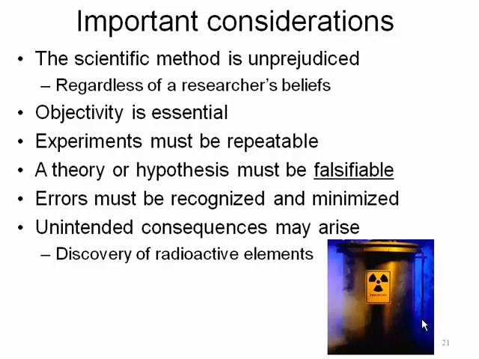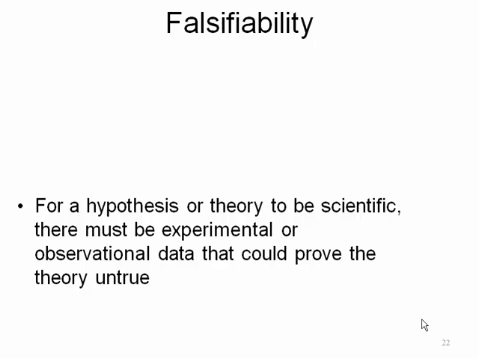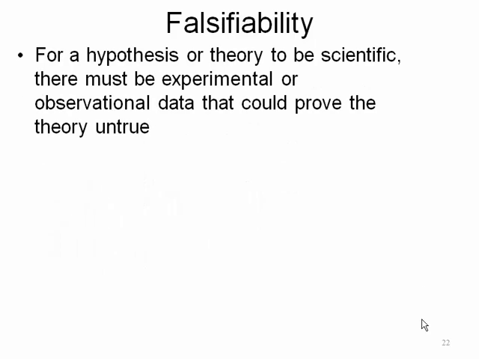And it's always possible that unintended consequences can arise as a result of the experiment. The discovery of radioactive elements themselves was an unanticipated outcome of earlier investigations into the nature of chemical properties of early materials. Falsifiability is a situation where you have to have the ability for observational data that could prove the theory untrue.